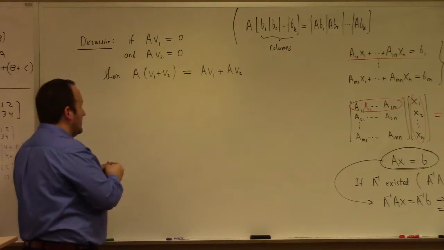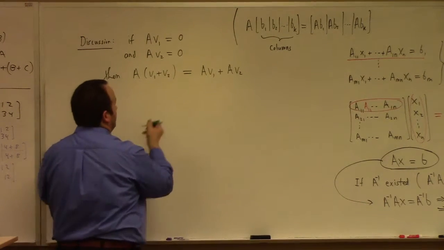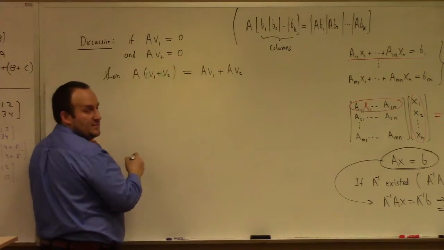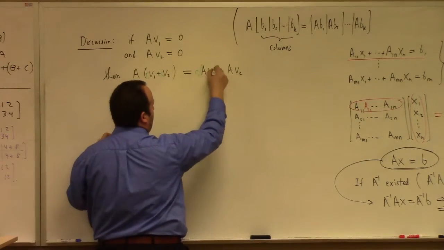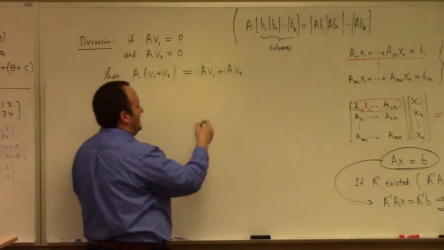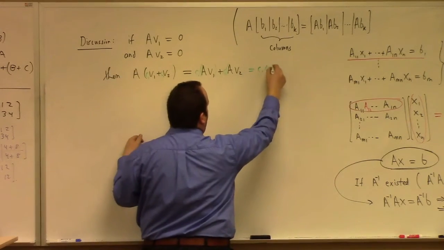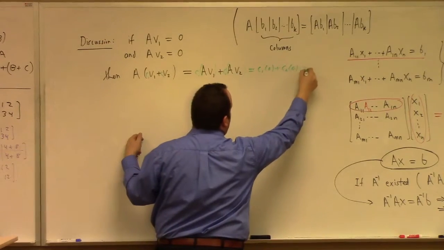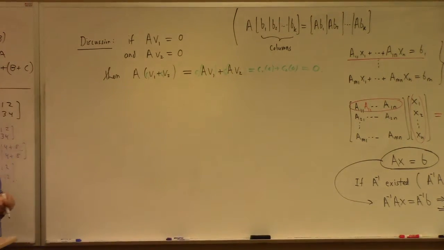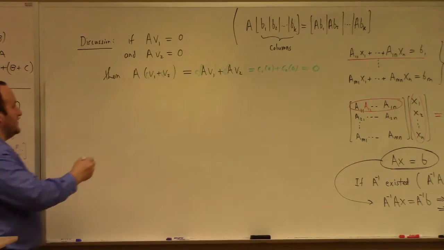In fact, I could even throw in a C1 and a C2 here, just the same, right? And I would still just have C1 and C2 there, right? And I would just have C1 times 0 plus C2 times 0, which would, as you guys are telling me, be 0. So it is an absolute triviality to show that the sum of homogeneous solutions, in fact, a linear combination, is a solution.